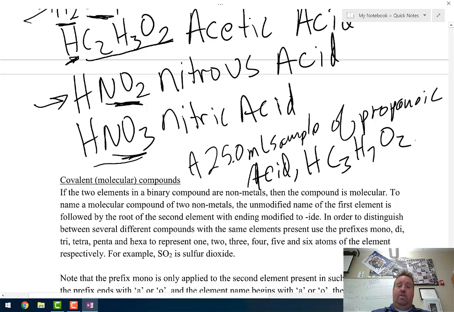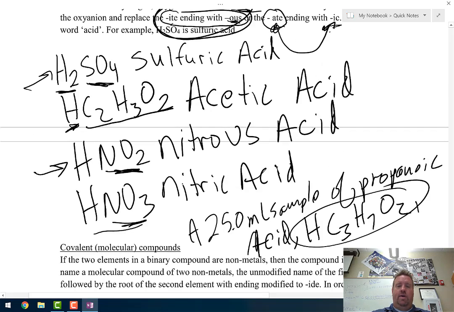Okay, and then they're telling you, oh, look, here's the formula of propanoic acid. So if they give you an acid that you're not familiar with, don't be scared about that, because they will give you the formula. And many times, honestly, you don't even need to know the formula, but a lot of times they'll give it to you anyway.